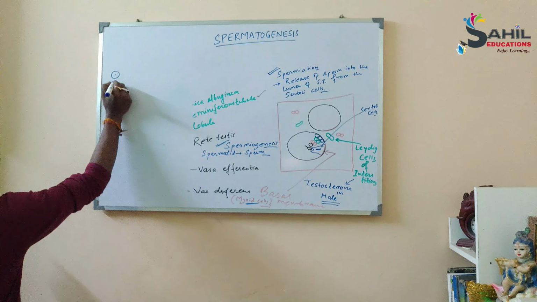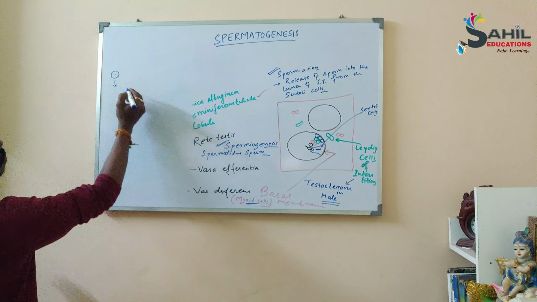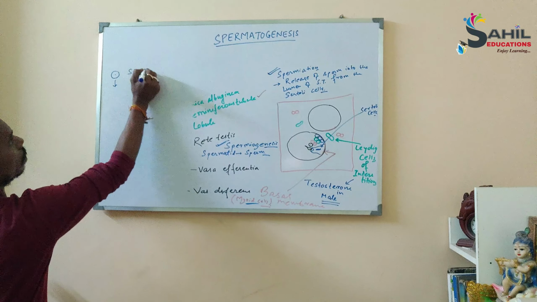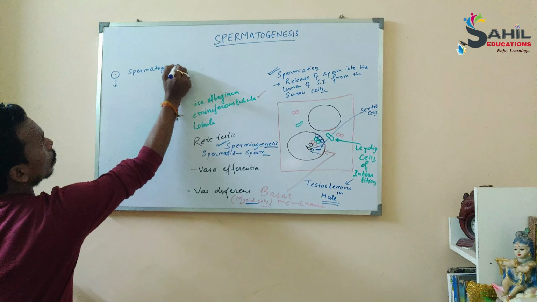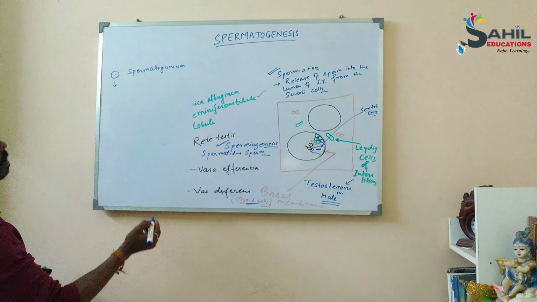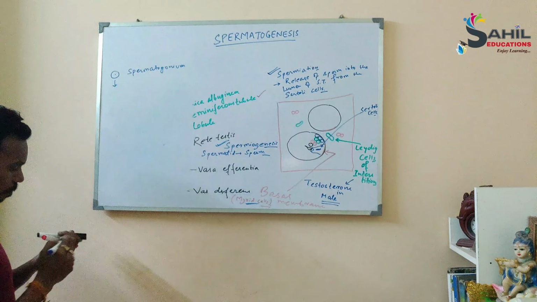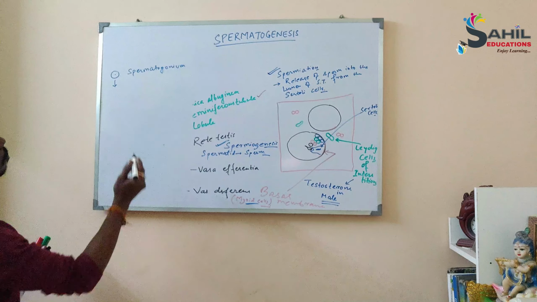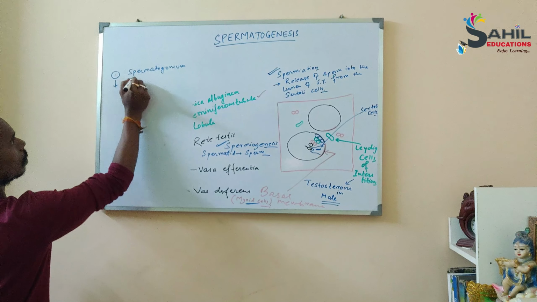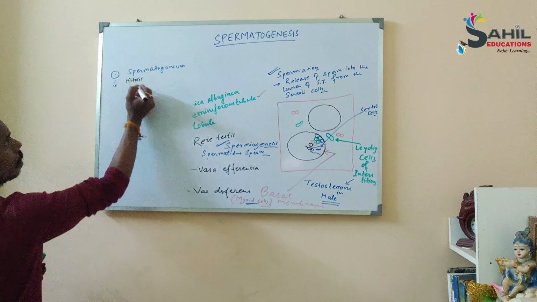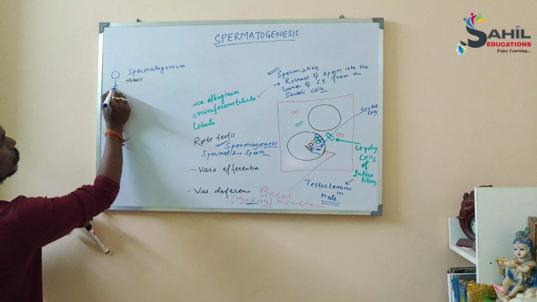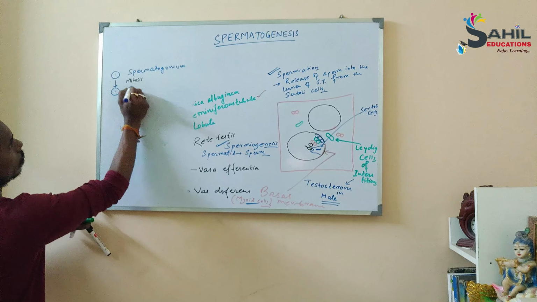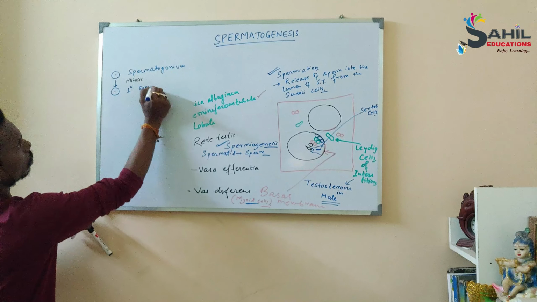So let's say that this spermatogonium is going to divide by mitosis, and is producing another kind of cell which is known as primary spermatocyte.